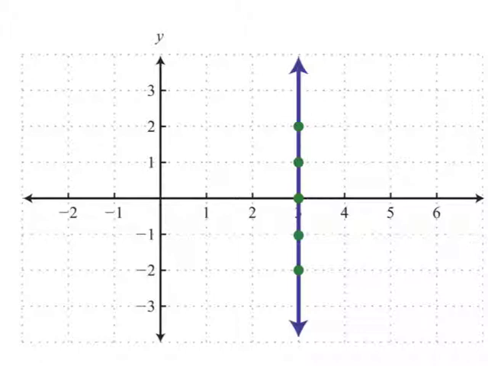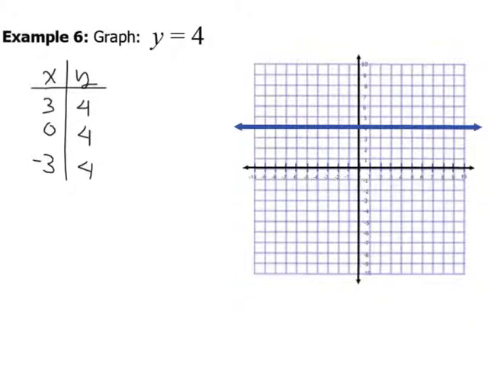So in this case, the formula for this line would be x equals 3, because that's where it touches the x-axis. In this one, y equals 4, it touches the y-axis right here at 4, and it is a straight line. It doesn't equal anything but 4. So those are very easy to graph.